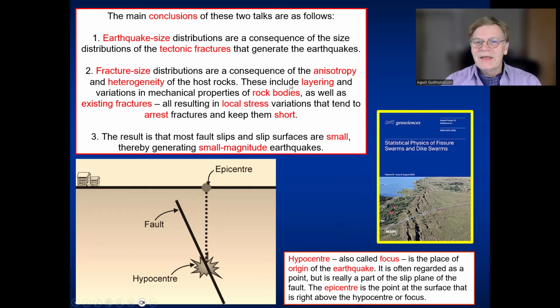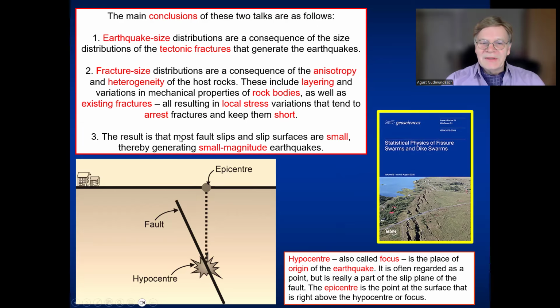More specifically, these include the layering. So the rocks are composed of layers with different mechanical properties, and differences in the mechanical properties of the rocks in general, as well as existing discontinuities, particularly existing faults and other fractures. All of these have effects on the local stress fields and tend to arrest most fractures and keep them short, keep them small.